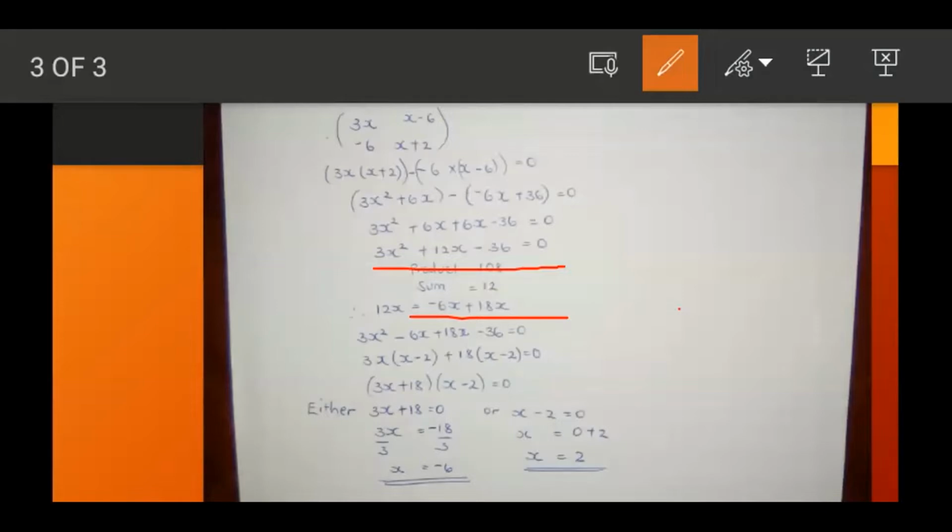Is that fine? Am I clear? Anita, you are clear? Okay, but I'm going to throw more light concerning that section of quadratics.